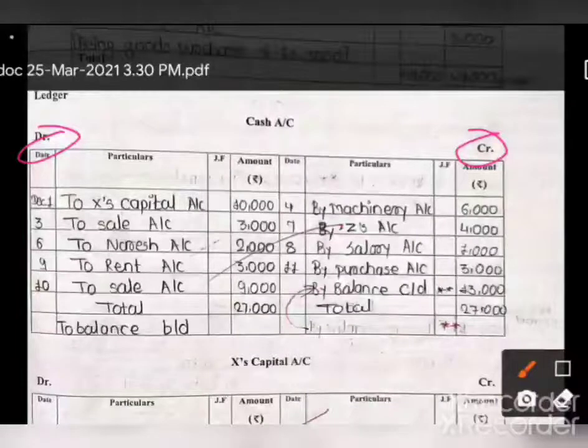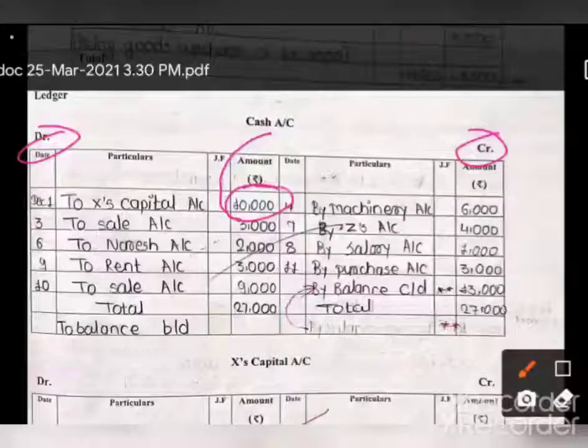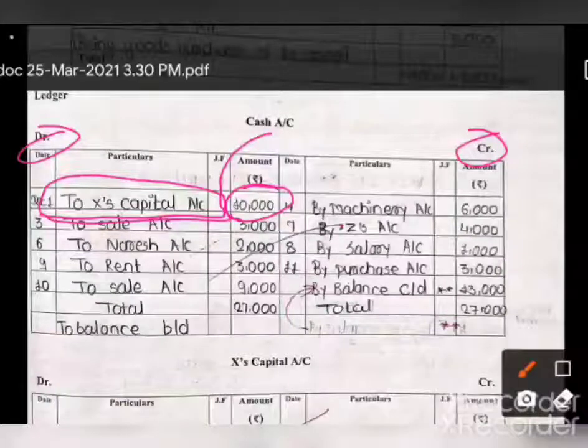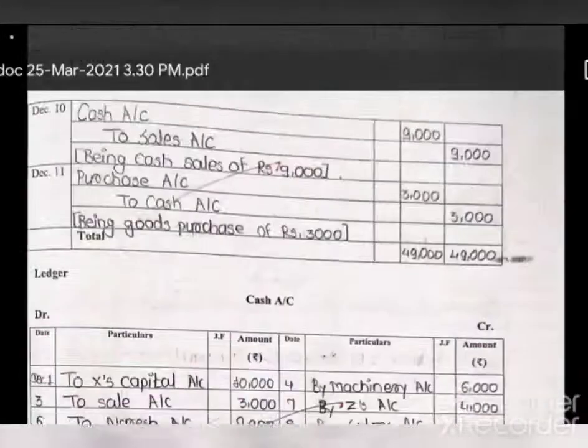Since cash account is debited, the amount will be entered in the debit side column. It is cash account debit 10,000 to capital account. So we write it on the debit side, to capital account. And we will check the next transaction.